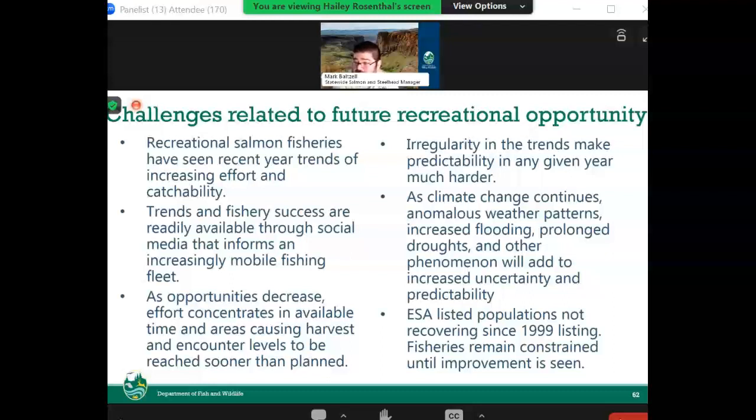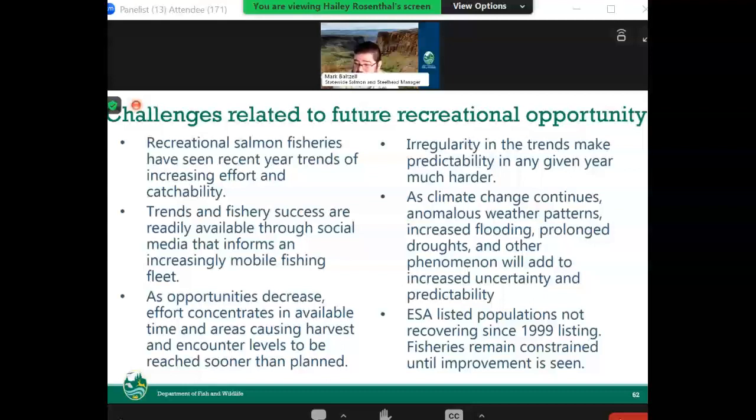I can't get out of here without touching on some of the things that Dr. Litz talked about. Climate change is going to continue, and we're going to have to make sure that we're capturing the effects of climate change in our decision-making processes, not just on salmon, but the other species that are adjacent to salmon.